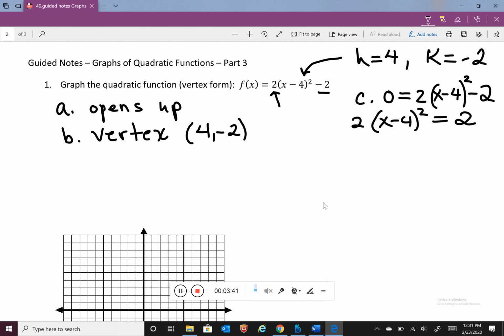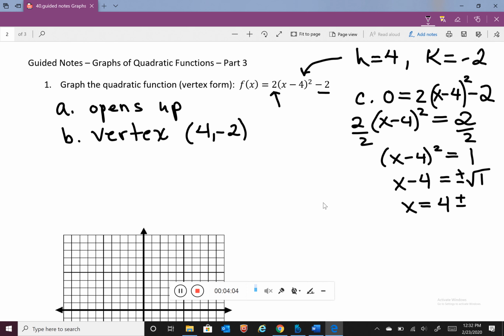And then notice I can divide each side by 2, giving us x minus 4 quantity squared equals 1. And now we can use the square root property by taking the square root of the left side and the positive and negative square root of the right side, giving us x equals 4 plus or minus, and remember the square root of 1 is 1, and then we separate.